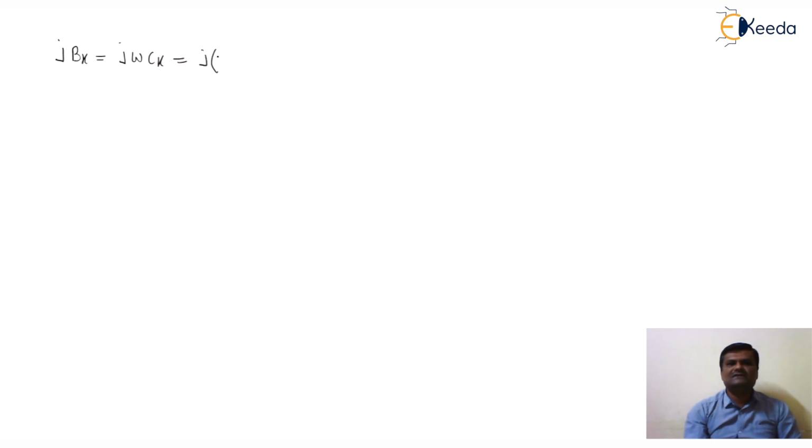J minus omega c by omega Ck equals minus j omega c Ck by omega. So right here 1 upon j omega Lk dash, where Lk dash equals 1 upon omega c Ck.